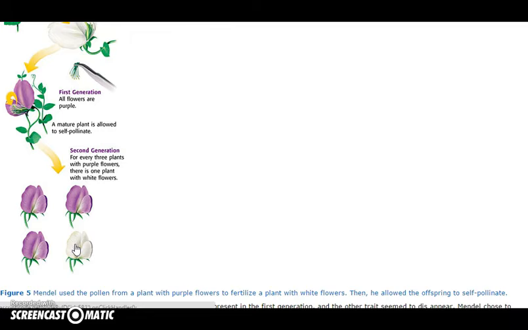This is where Mendel realized the principles of inheritance, because when the white and the purple were mixed, their DNA combined, but the purple was the dominant trait and white was the recessive. So with an even amount of purple and white DNA, purple won out. However, the white DNA is still in there.